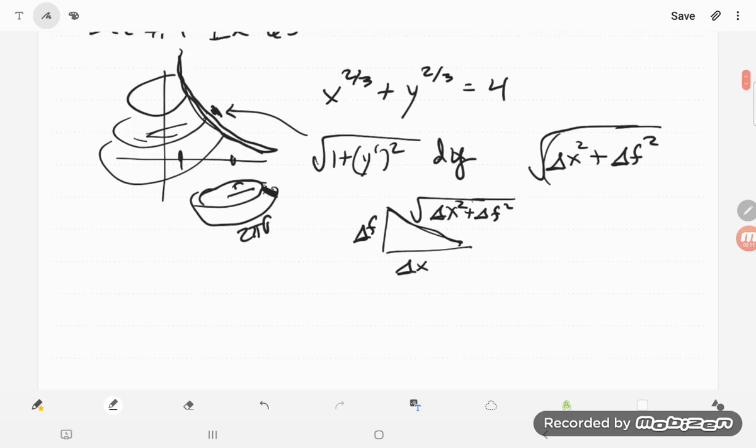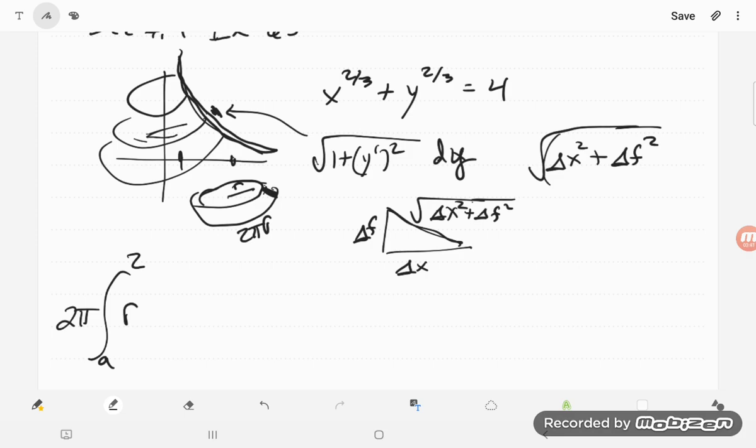And so to set this up, we're going to need to do an integral from some a to b. We're going to need our 2 pi r, which will have something to do with x, because I think we're revolving this around the y-axis. Yeah, about the y-axis.